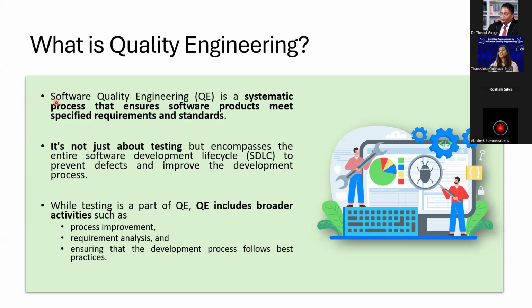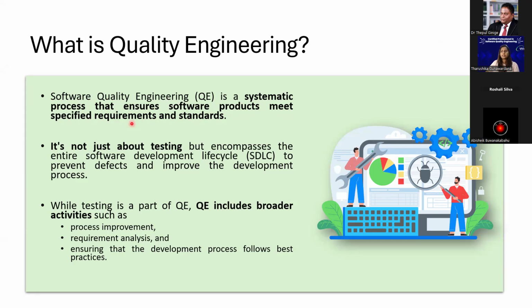Right. Okay. Thank you. So, as I have mentioned before, software quality engineering is not just testing, as we have in mind, right? Software quality engineering is a systematic process that ensures software products meet specified requirements and standards, right?